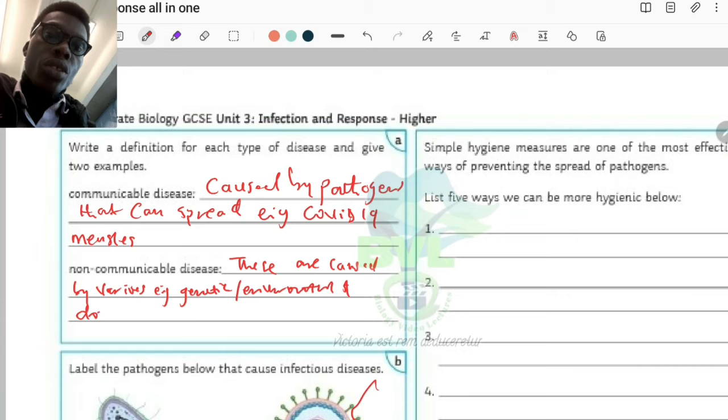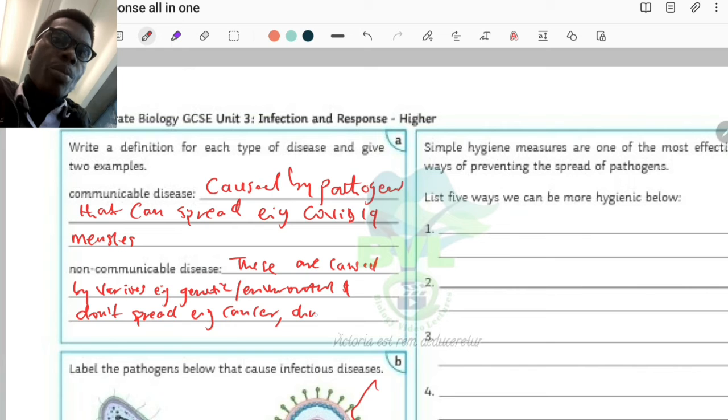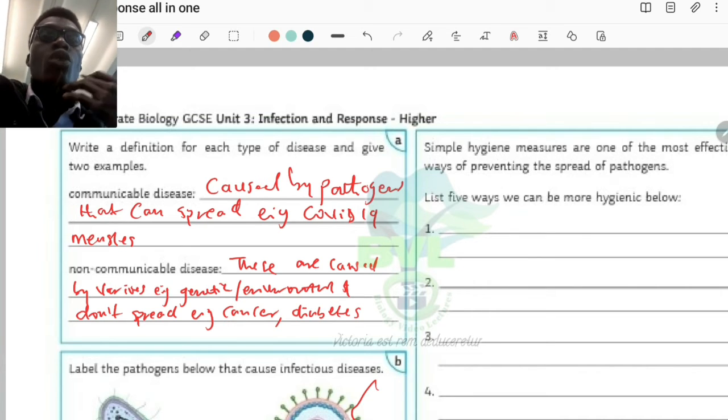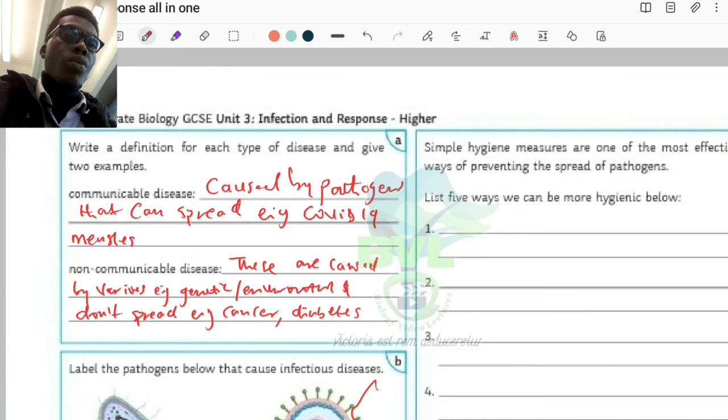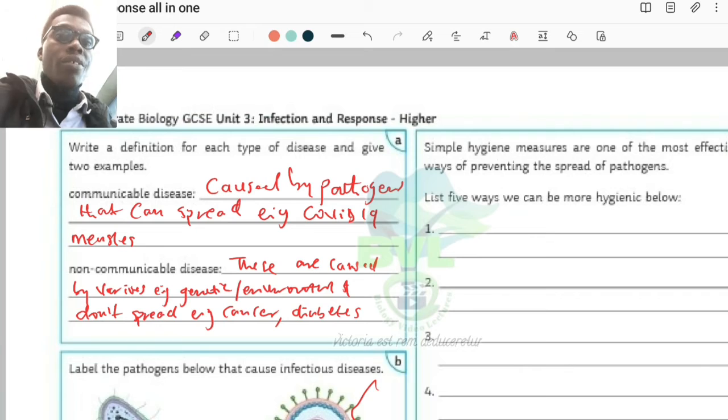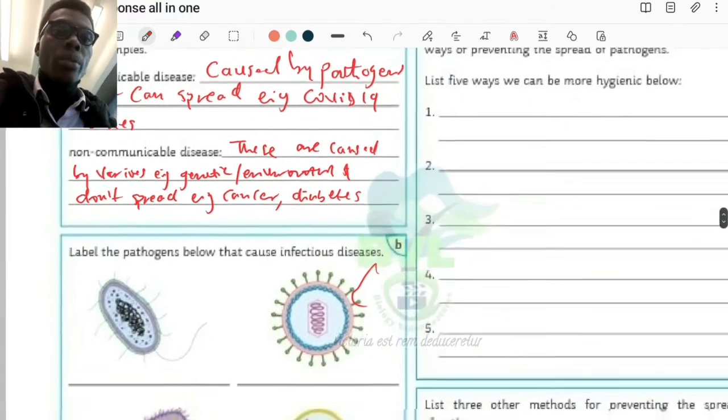Let me just say don't spread. All right, example, cancer, diabetes, etc. So it says two examples each, then you want to define it. Don't forget that I'm paraphrasing to make it easier to grasp.